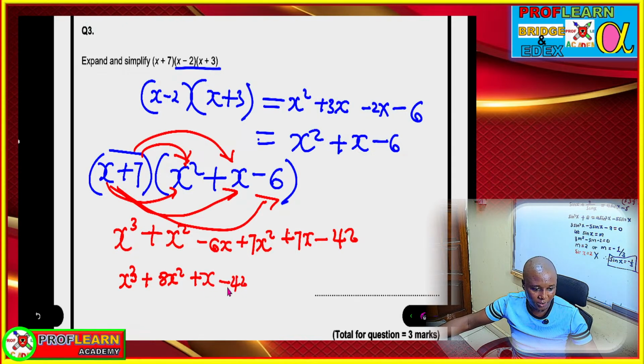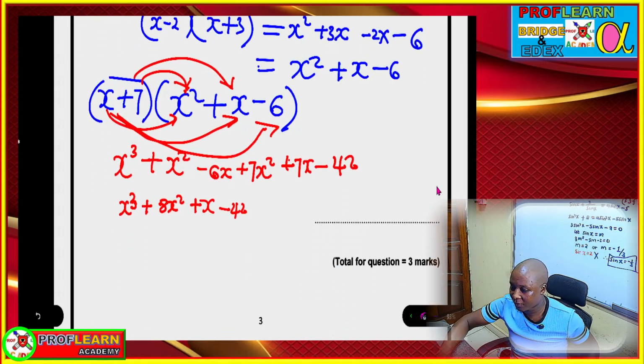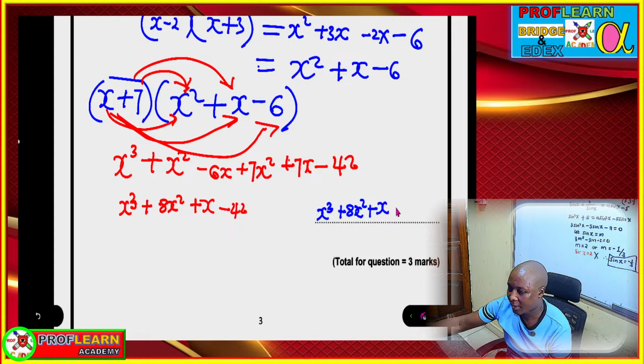Our final answer, let me just simplify that, is x cubed plus 8x squared plus x, and then minus 42 as the final answer.